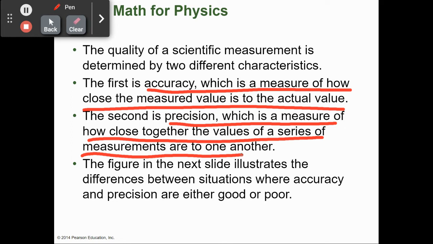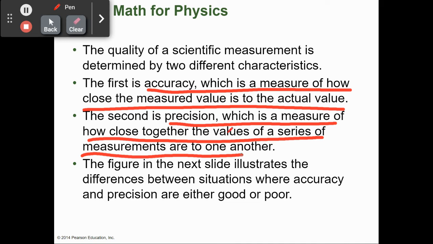I could have to guess between 48 and 48.1 or 48.2. So I'm precise and I got the same measurement every time. That doesn't mean I'm accurate. I'm only accurate if I am close to the true value.